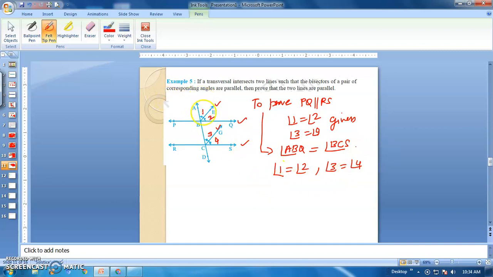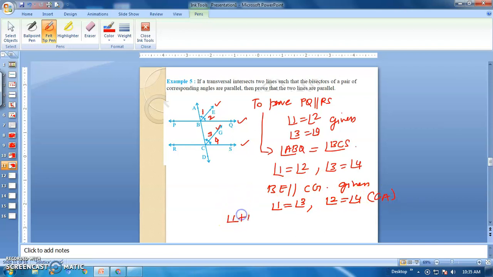But here this line, that is BE, is parallel to CG, given. Therefore the corresponding angles are the same. What are the corresponding angles? Angle 1 equal to angle 3 and angle 2 equal to angle 4. They are equal because these are parallel lines, because of corresponding angles.